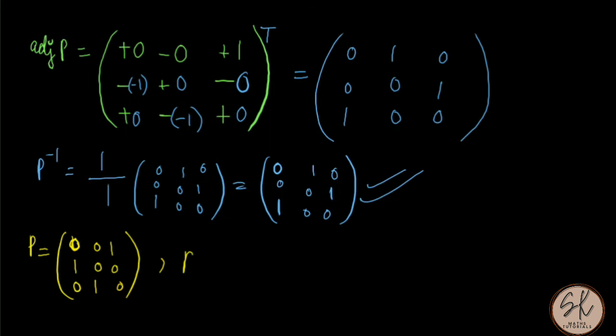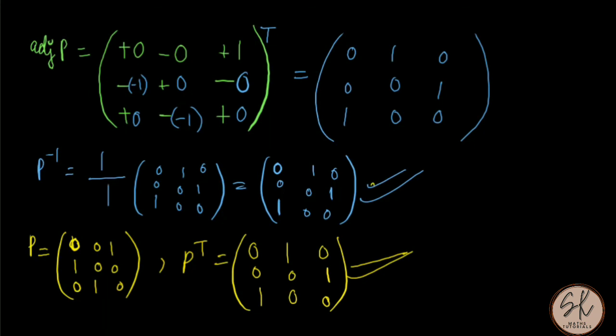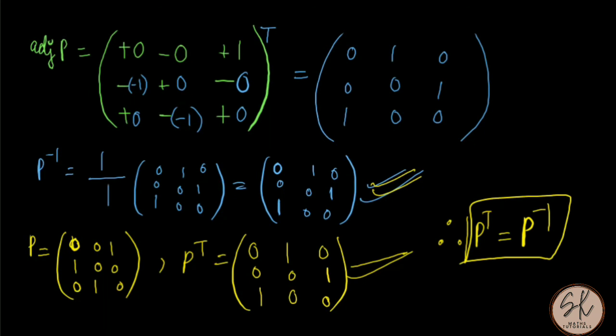So now we will find its transpose. So P transpose is equal to how much? 0, 1, 0, 0, 0, 1 and 1, 0, 0. Okay, so we can see that P transpose is equal to P inverse. Okay, so therefore P transpose is equal to P inverse, and our result is proved.